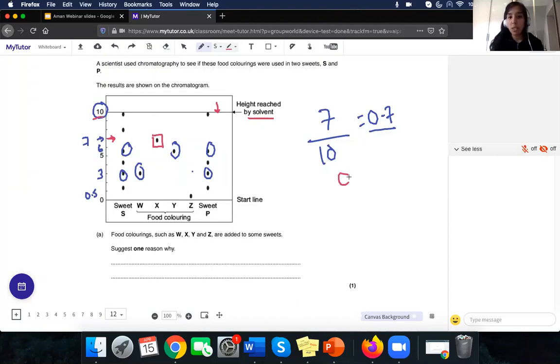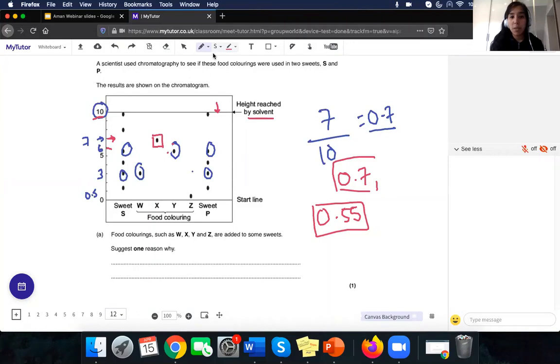That means X is more soluble than, say, Y, which has moved about 5.5. So we do 5.5 over 10, which is about 0.55. So Y is less soluble than X. Retention factor is to do with how soluble a substance is, and it puts a numerical value on it.